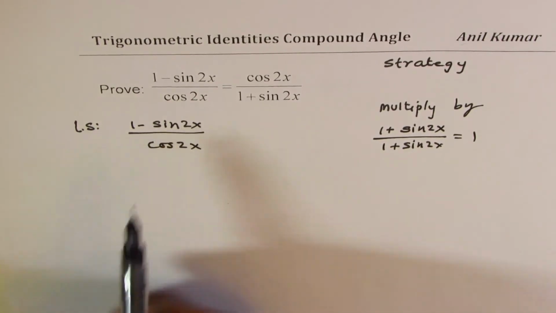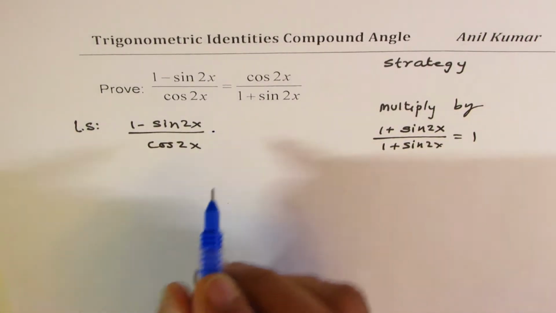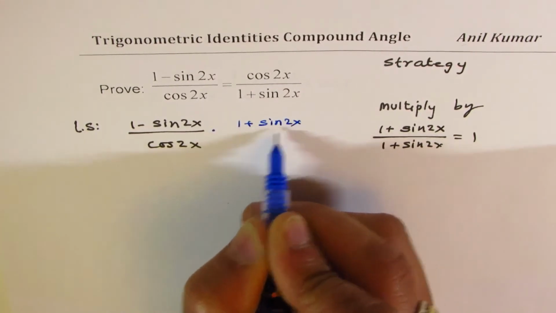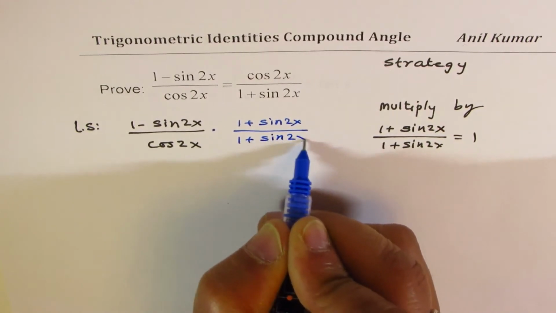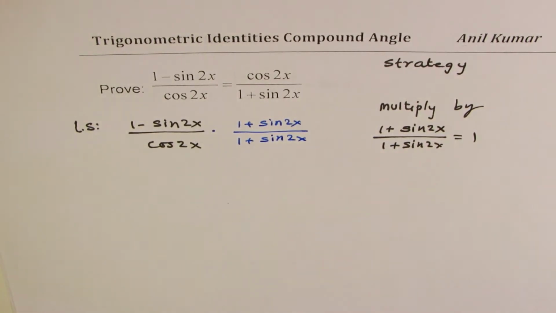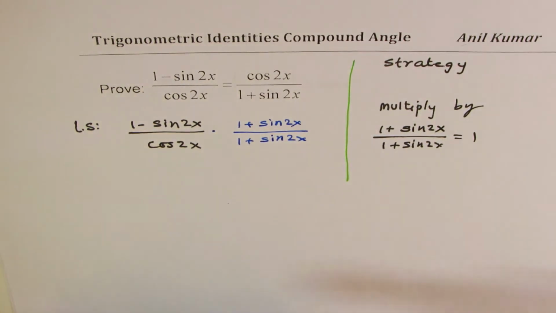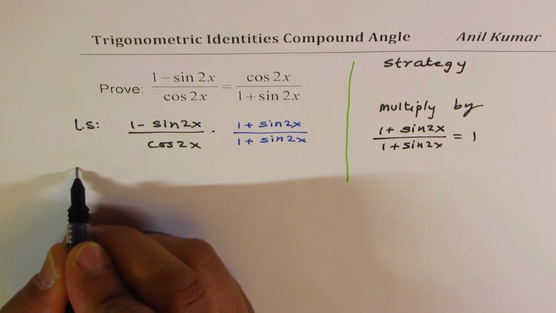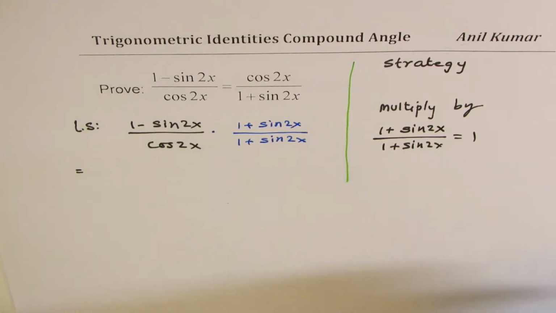So you can start with the left side, and the next step which we are going to do here is multiply this by the term 1 plus sine 2x and divide by 1 plus sine 2x. Do you see that part? So we started with the left side, multiplied it with 1 plus sine 2x, also divided by 1 plus sine 2x. So what you get here is, in the numerator, a difference of squares.